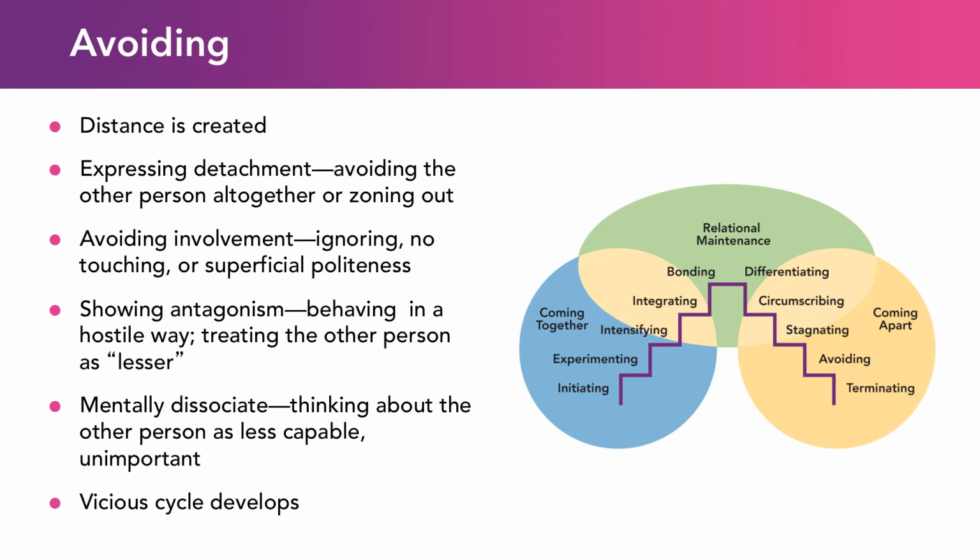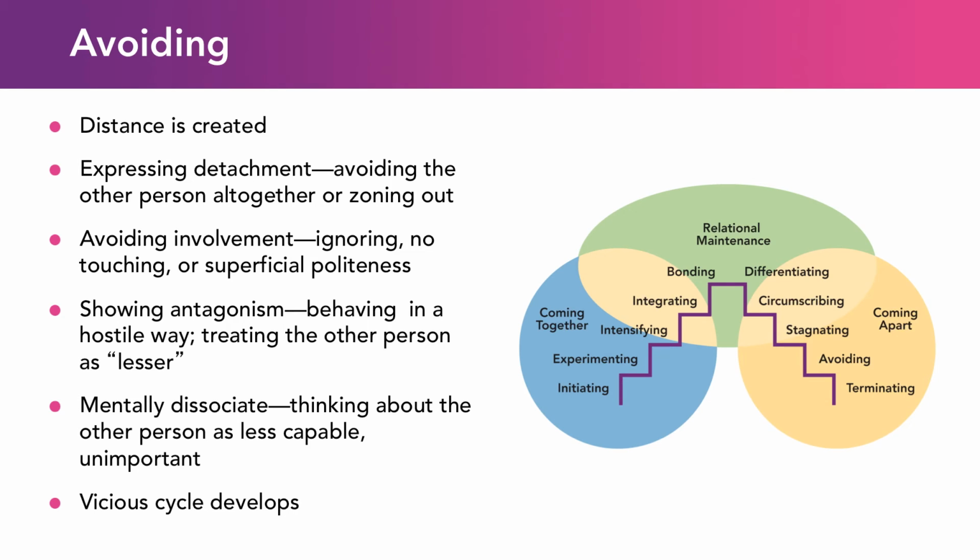Another stage in the relationship coming apart is avoiding, where you're really creating distance between you and the other person. This distancing can be expressing detachment, where you're not around very much, or when you're around, you're zoning out, you're not listening to them. Or you could ignore the other person.